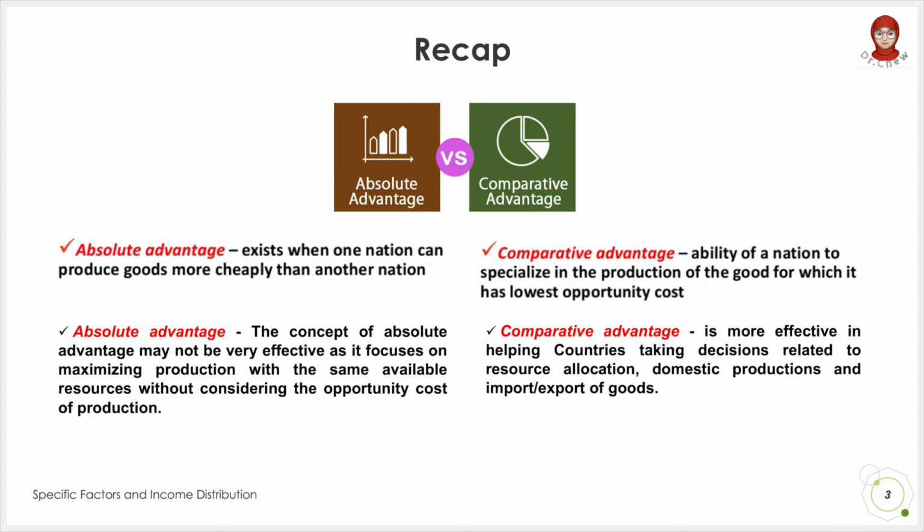So, a nation will know which goods to export and import as well as how to gain from trade. All these are the conceptual understanding of the models. Now, we will try to gain a better understanding through some examples.